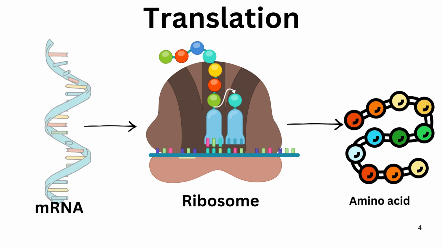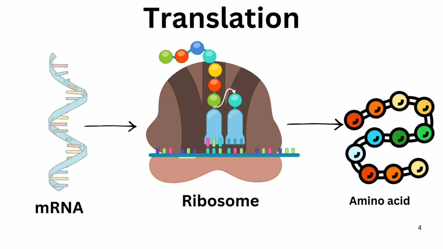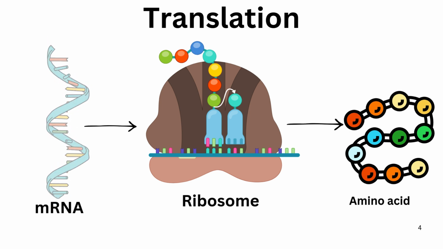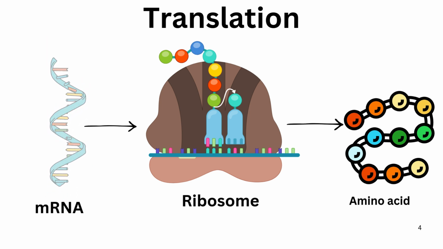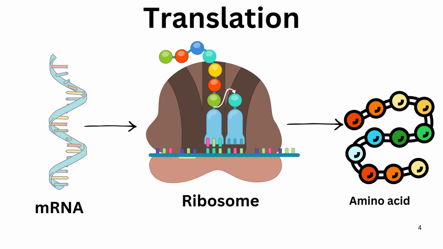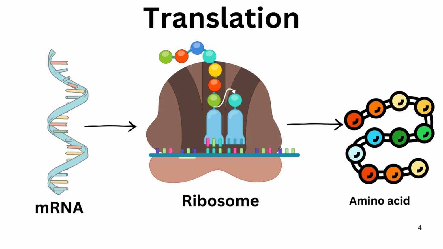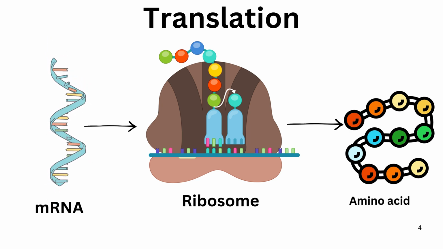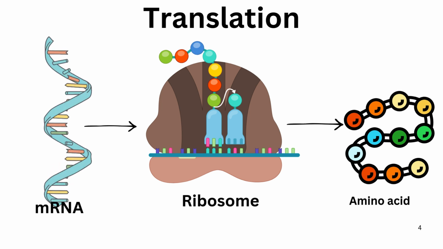The ribosome reads the mRNA in groups of three bases known as codons. As the ribosome reads the mRNA, another RNA known as transfer RNA comes in with an anticodon and an amino acid.